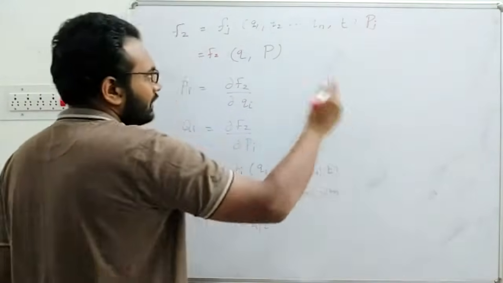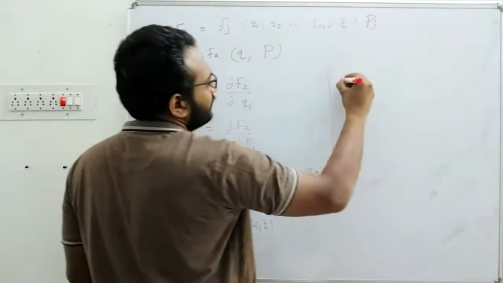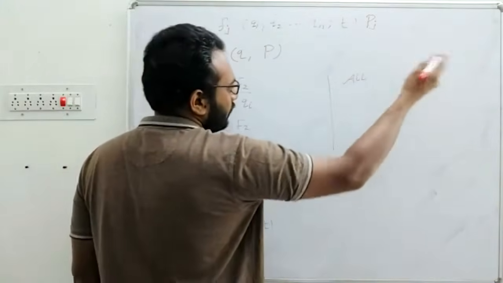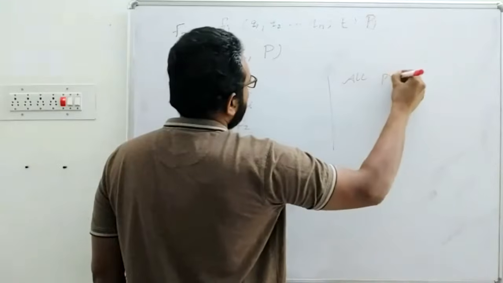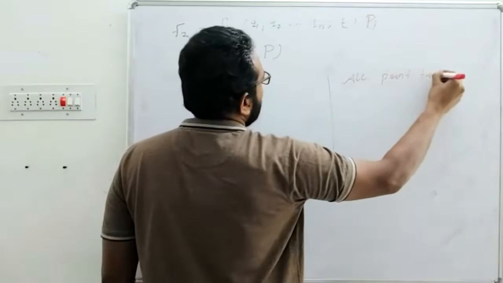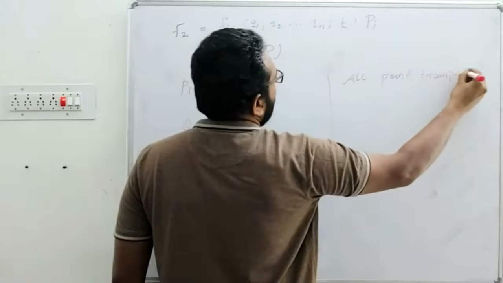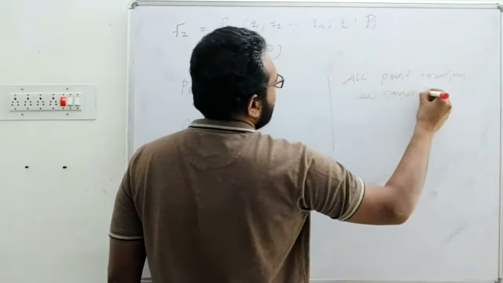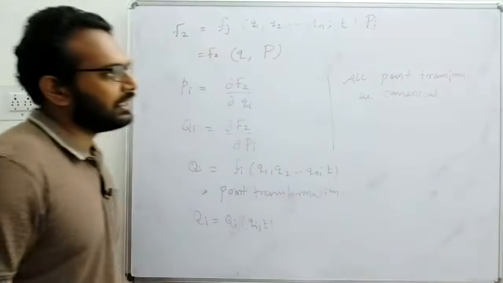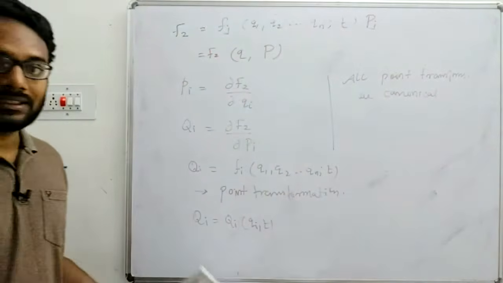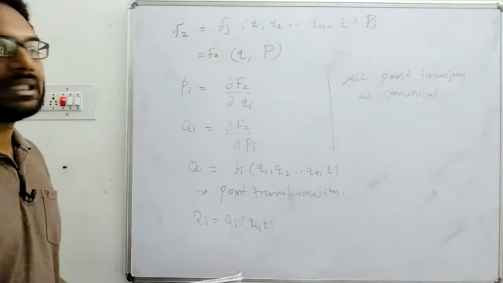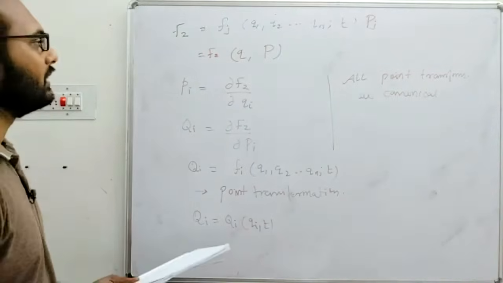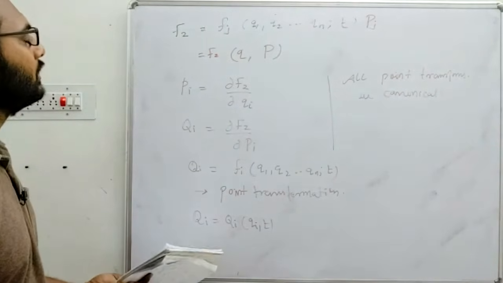Because we are talking about canonical transformations, the result I want you to take home is that all point transformations are canonical. So if you need to identify a transformation and what you are given is a point transformation, then you know that it's a canonical transformation.